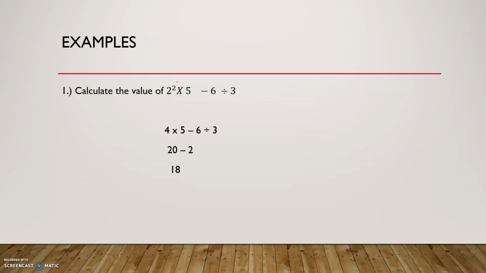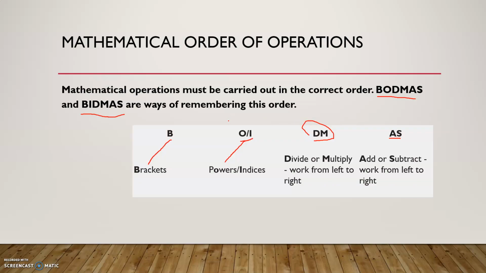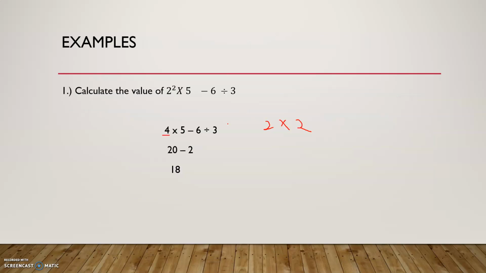So if we work it out, 2 to the power 2 will be 4, which means 2 times 2. And then we leave the rest of the terms, times 5, then minus 6 divided by 3. The next operation would be division and multiplication.